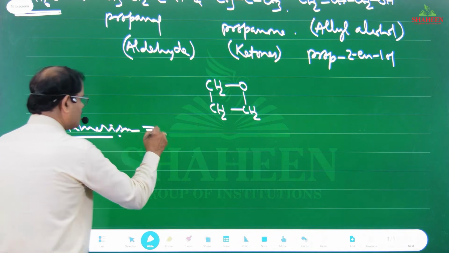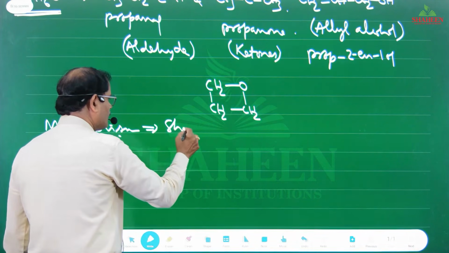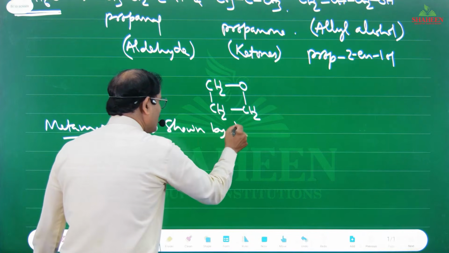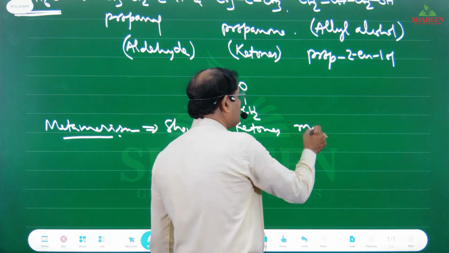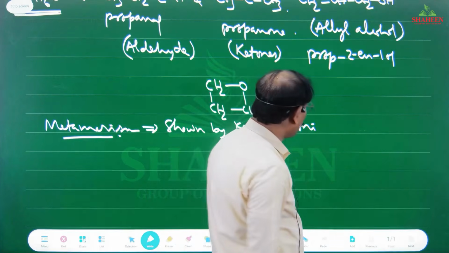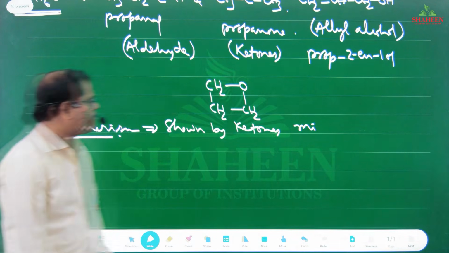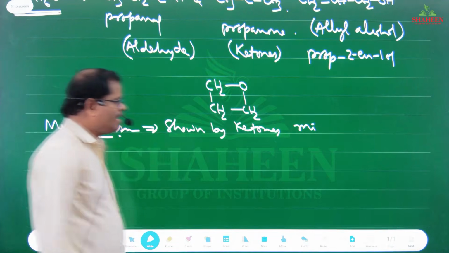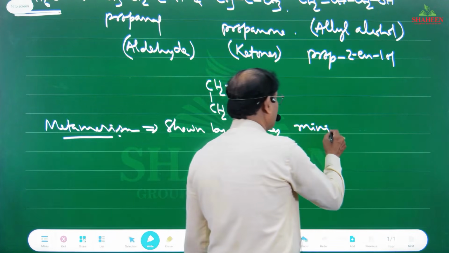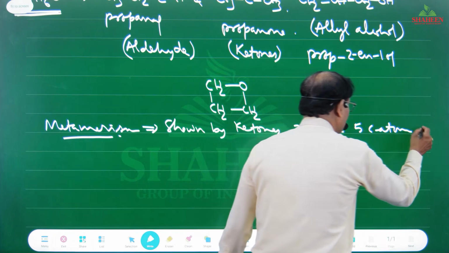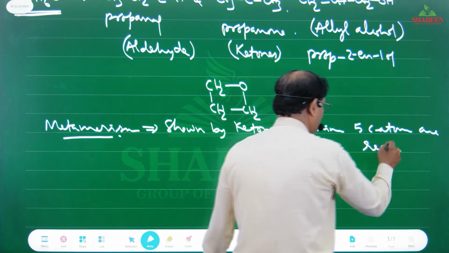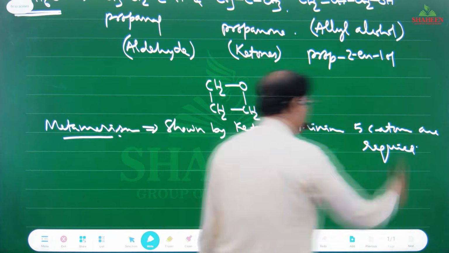Metamerism is shown by ketones. To exhibit metamerism, a minimum of 5 carbon atoms is required.